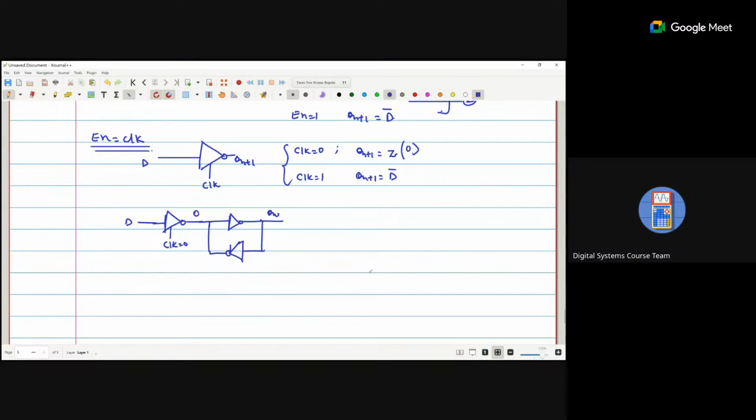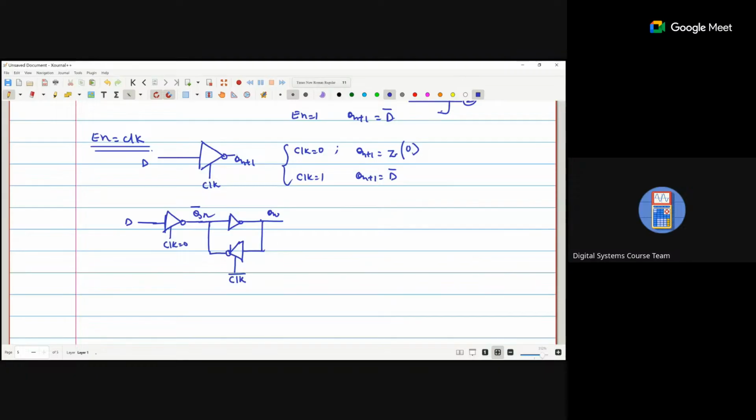That is Q bar and Q. Okay, and that will be controlled by the clock bar.